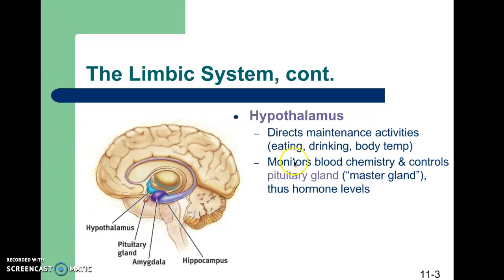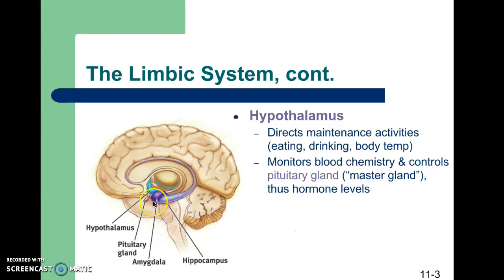So, for example, if your testosterone levels are perhaps too low or dropping below a normal amount, the hypothalamus may, in some sense, become aware of that and trigger your pituitary gland to trigger the gonads to produce more testosterone, if we're talking about males.